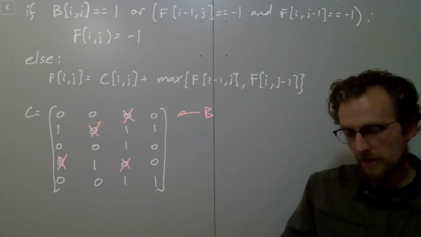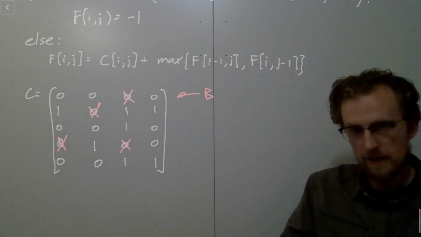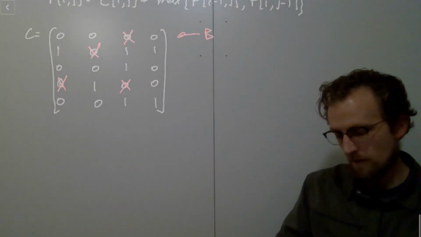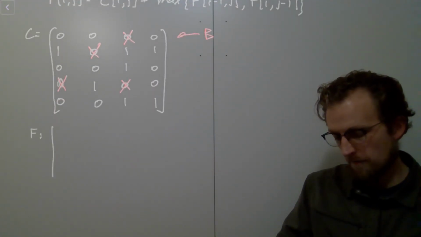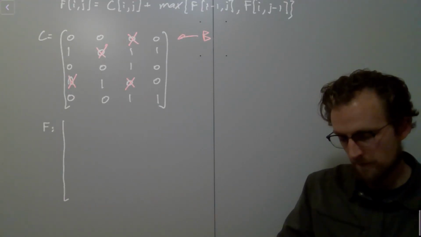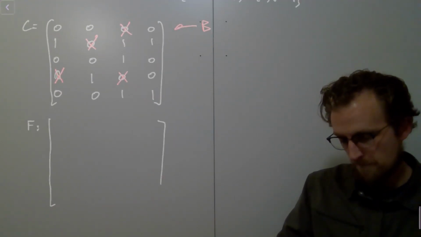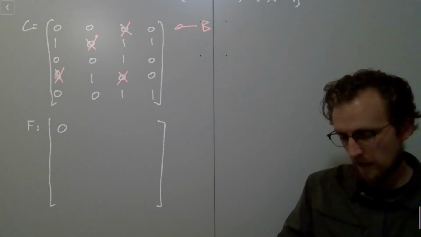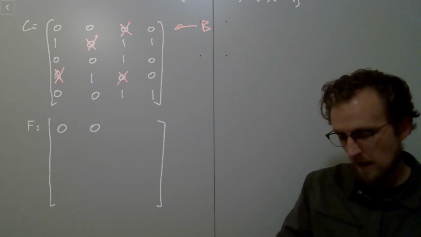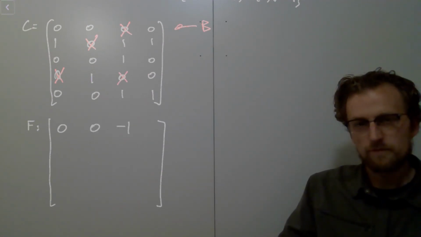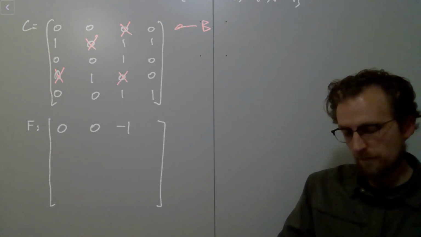All right, so now what is our F table going to look like? I'll draw that below. So our F table is going to have a 0 in the upper left, 0 here, and then this cell is inaccessible, right? And now look at the far right cell.